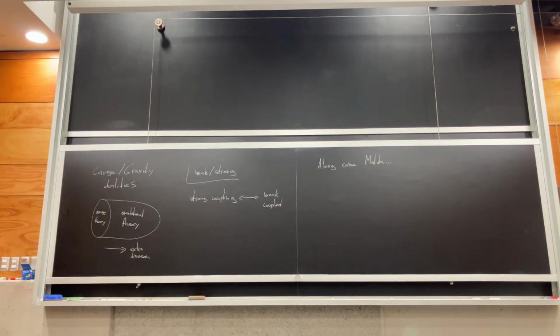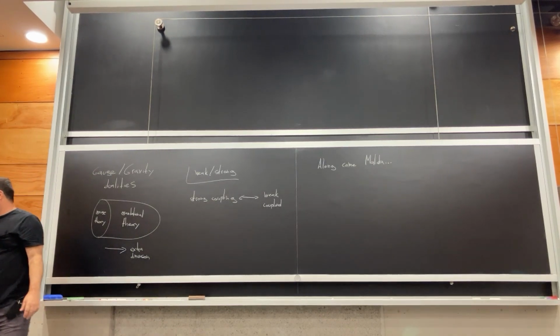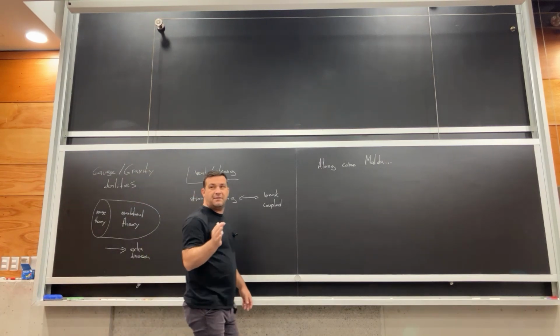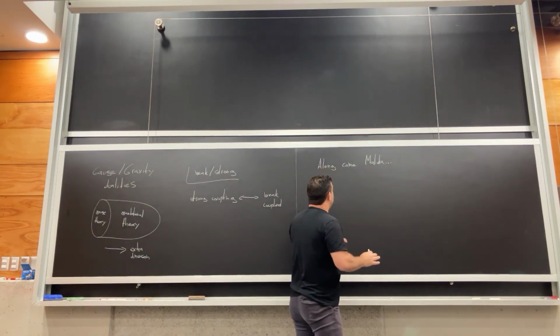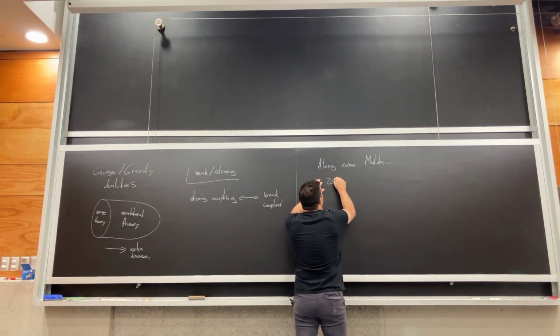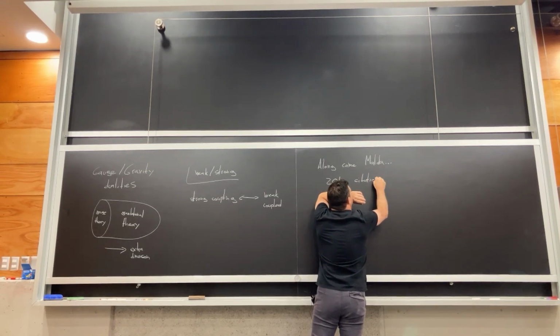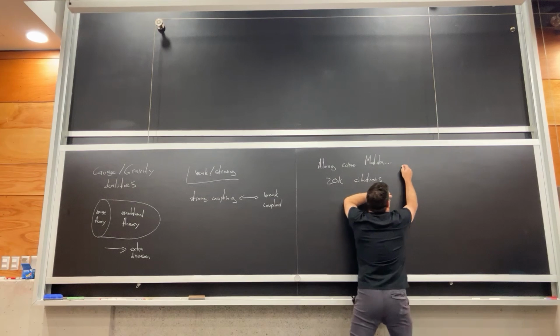I have here 18,248 citations. That's the number that's like a year and a half old. So let's say, okay, this is 1997.